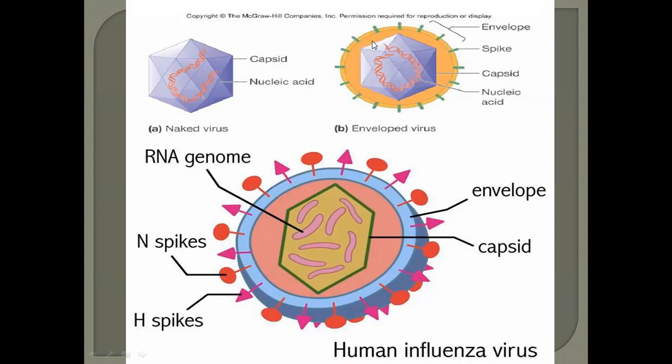You are watching on the screen the green spikes around the envelope. These are called peplomers. This is a non-enveloped virus, and this is an enveloped virus which carries peplomers in its envelope.